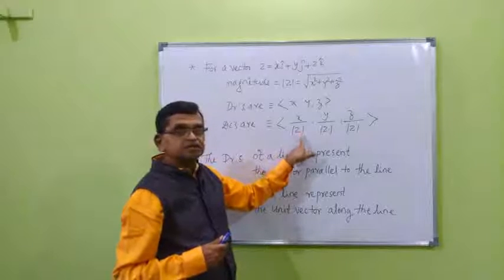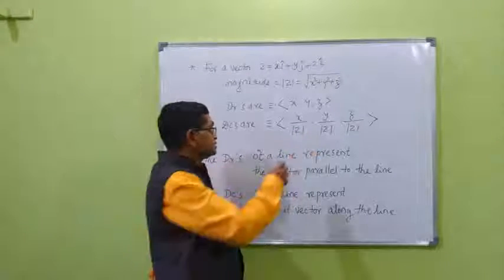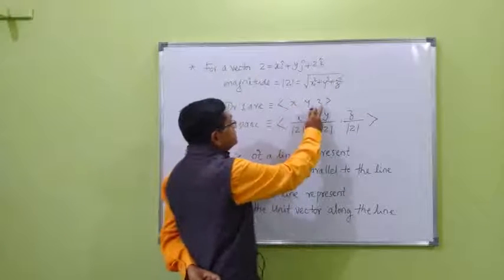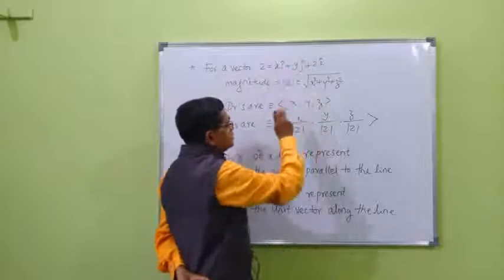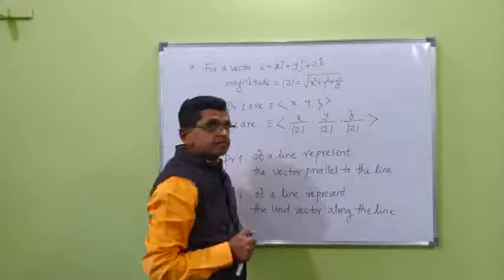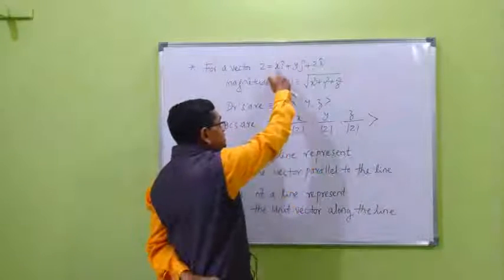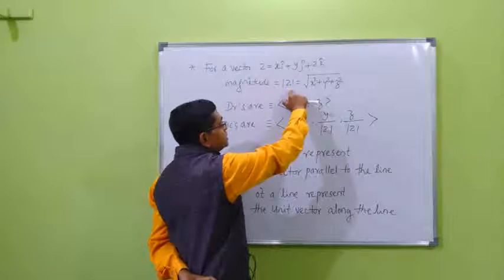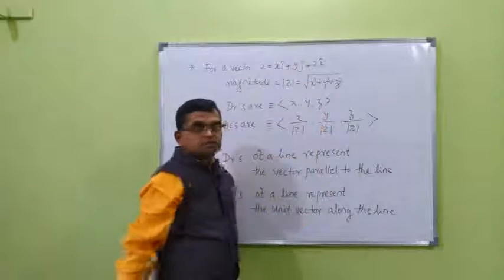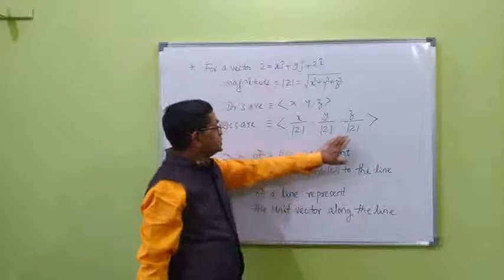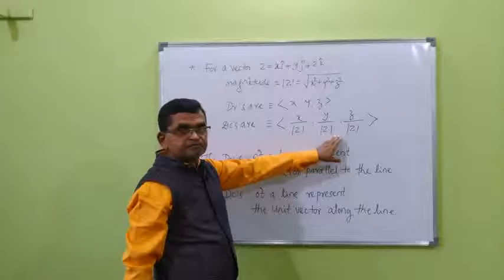See here, x, y, z, the coefficients, are direction ratios. If you divide each coefficient by the magnitude, that leads to direction cosines.